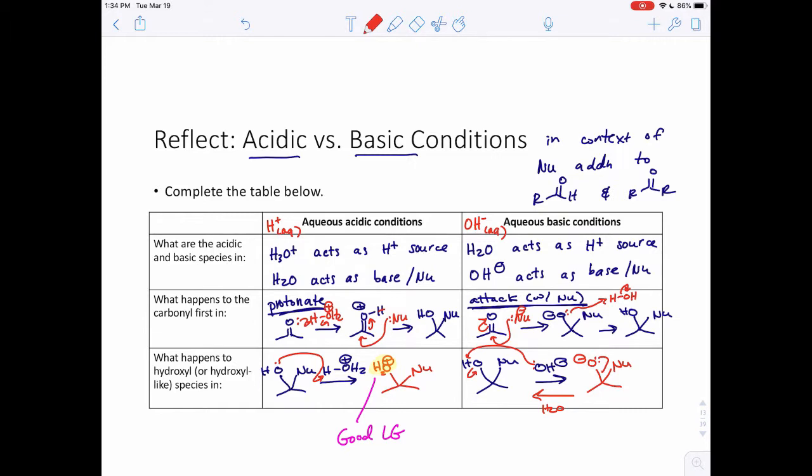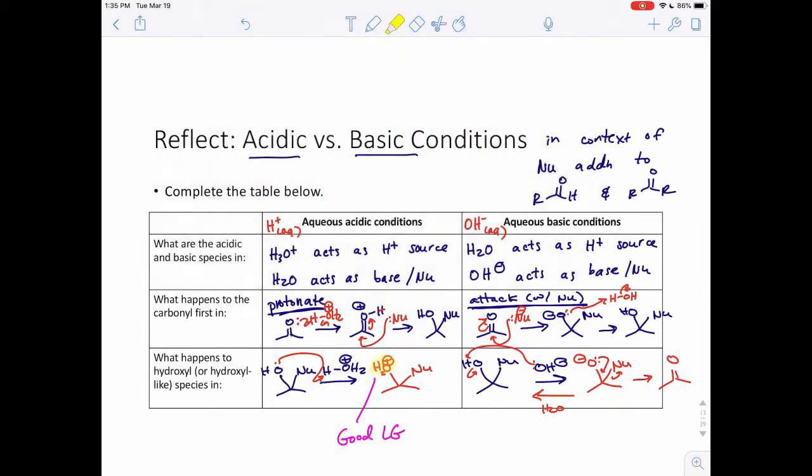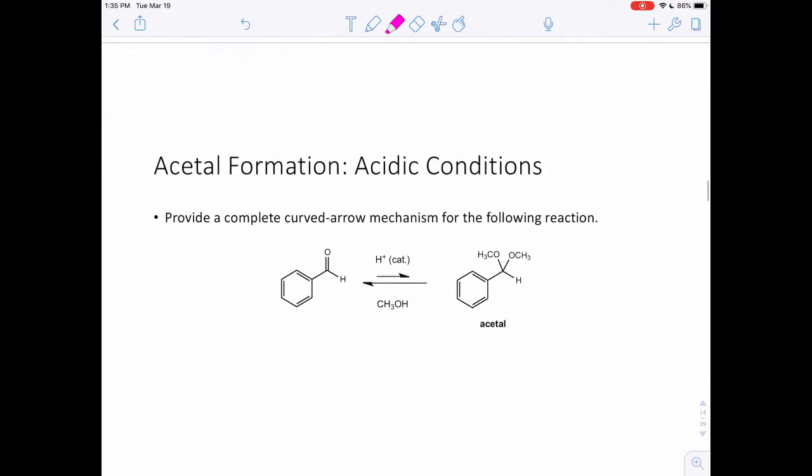Or it could collapse and expel the nucleophile and go back to the ketone or aldehyde it was when we started, right here. All right, but I'm never going to lose that oxygen, right? I'm just kind of stuck with it. But under acidic conditions, I've made a good leaving group. Eureka. Okay, let's move on from here.